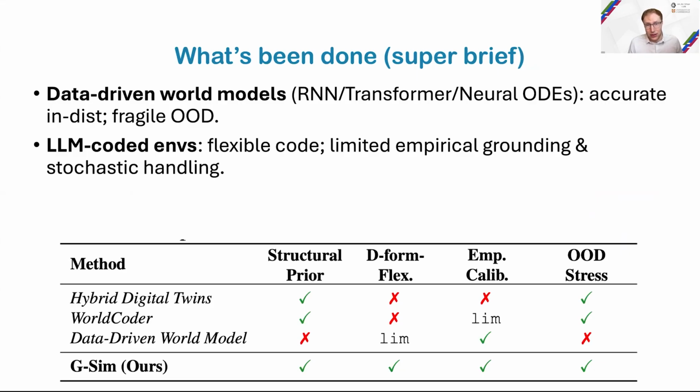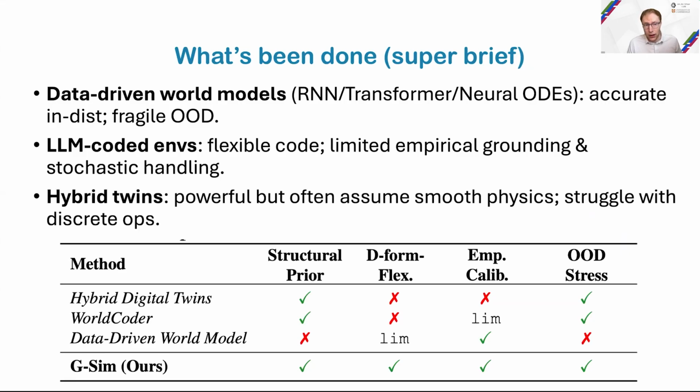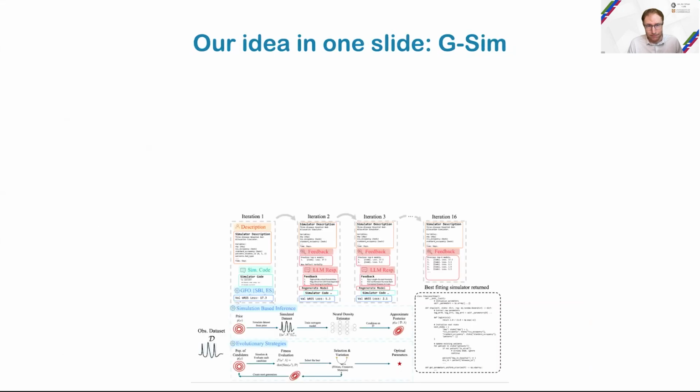However, these are limited in empirical grounding and struggle with stochastic handling because it's normally not differentiable. Hybrid digital twins, which our lab has proposed and which are quite popular these days, are powerful yet assume some sort of smooth differentiable loss or physics, and really struggle with discrete operations, for instance in a supply chain. Whereas we propose a framework that overcomes these limitations.